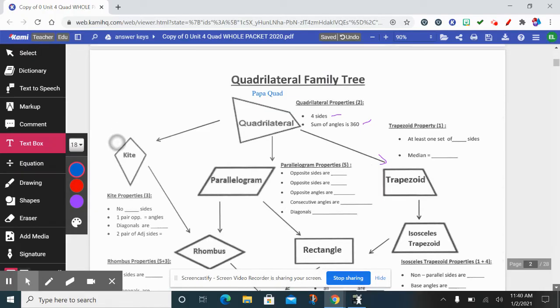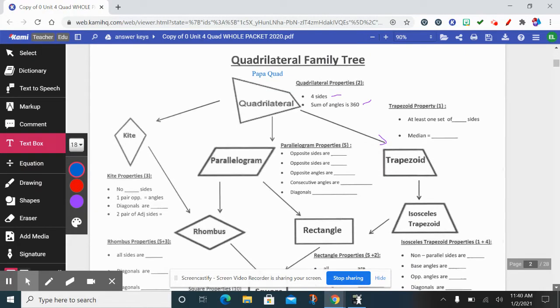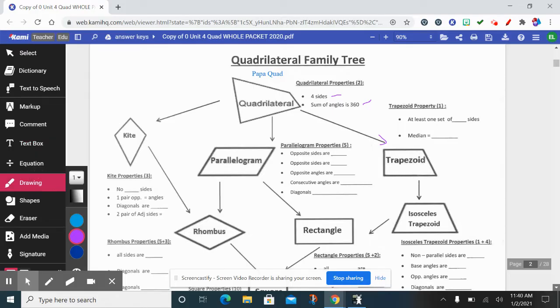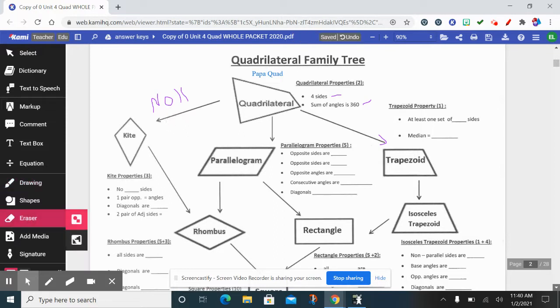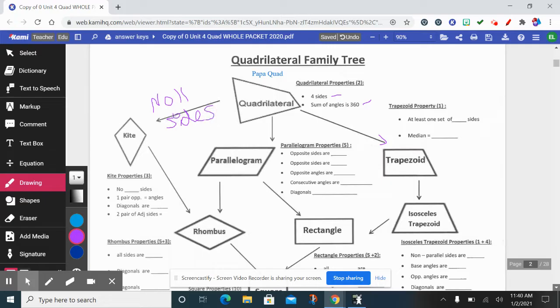Then we have the kite, which is over here to the left. We have a parallelogram. We have a trapezoid. Now, the difference between all three of those branches is that a kite has no parallel sides. A parallelogram has two sets of parallel sides.